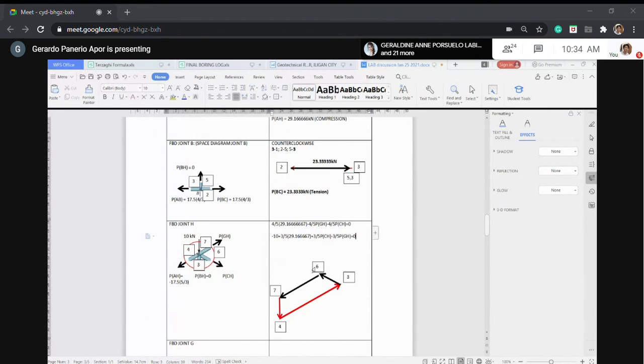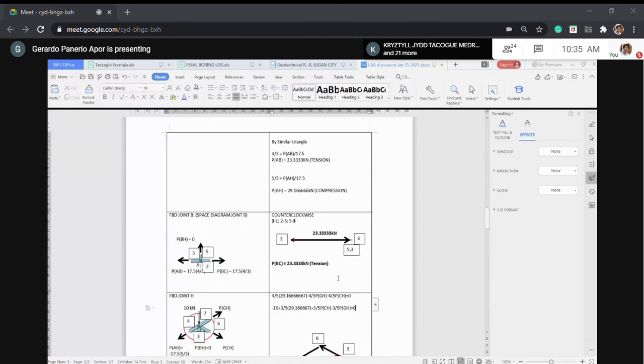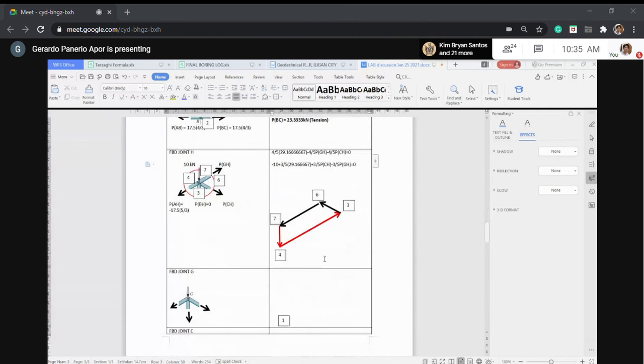You number the spaces, and then as you go around the pin, you go either clockwise or counterclockwise. In this discussion, I use counterclockwise, starting from the known force first, until you return to where you started. So you can determine the forces there. That's how you determine them graphically.